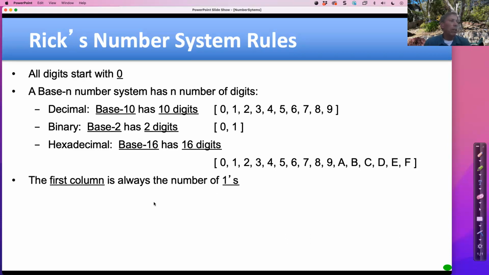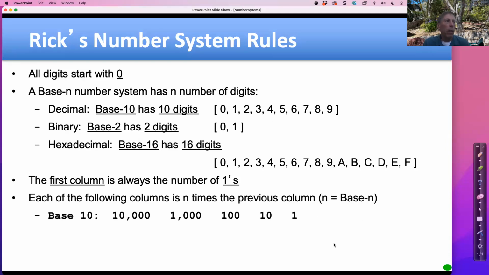All right, so the other thing we have to remember is when we represent numbers, the first column is always the column of ones. So, for example, in base 10, the rightmost column, sometimes known as the least significant digit, is the column of ones. Now, base 10 means each column after that is 10 times the previous column.